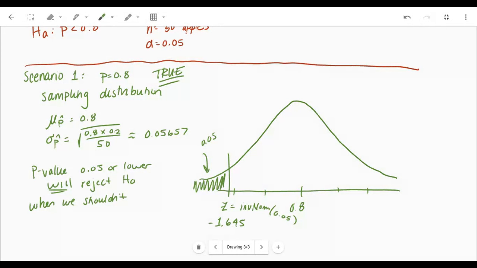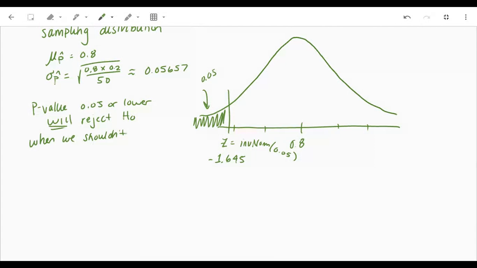Okay, so we can even figure out when that would happen. When z is p hat minus mu p hat over sigma p hat, or when negative 1.645 is equal to p hat minus 0.8 over 0.05657, that's going to happen when p hat is 0.7070.